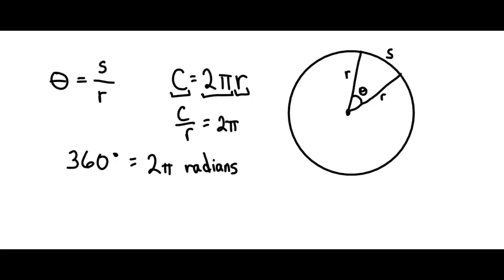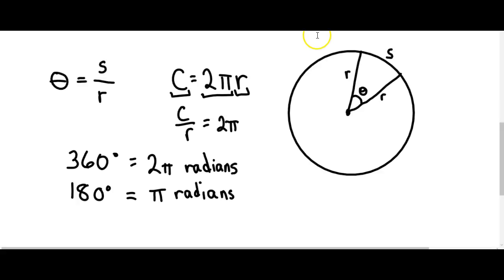And we could even simplify that. If we divide both of these values by 2, we know that a half a circle, or 180 degrees, is equal to pi radians. And that will be a useful conversion factor to convert from radians to degrees.